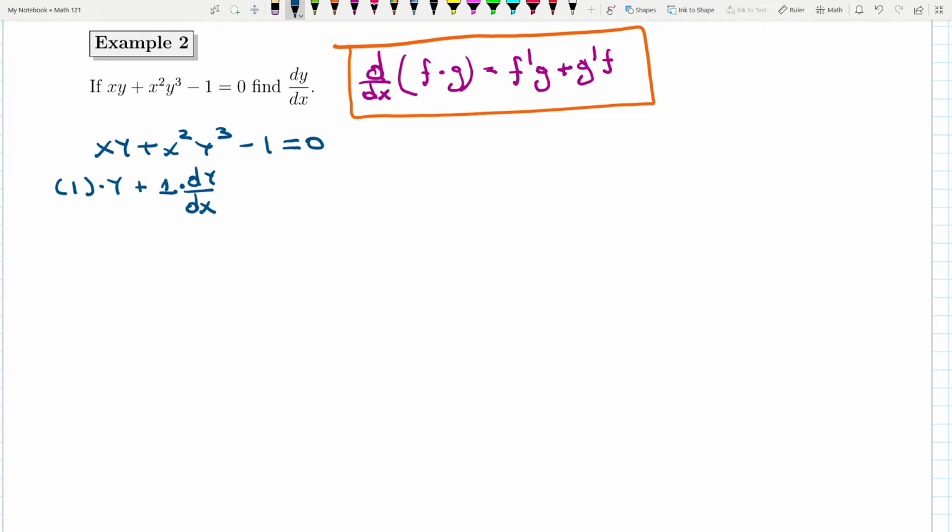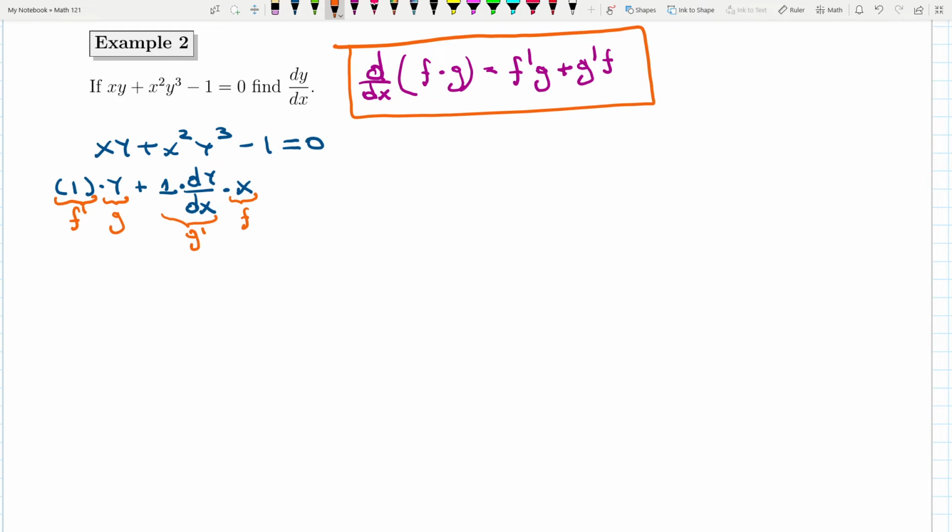So that's the derivative of y times the first factor, which is x. Again, if you want to label this, this is f prime g, and this is g prime f. That's basically the product rule applied to this implicit differentiation.